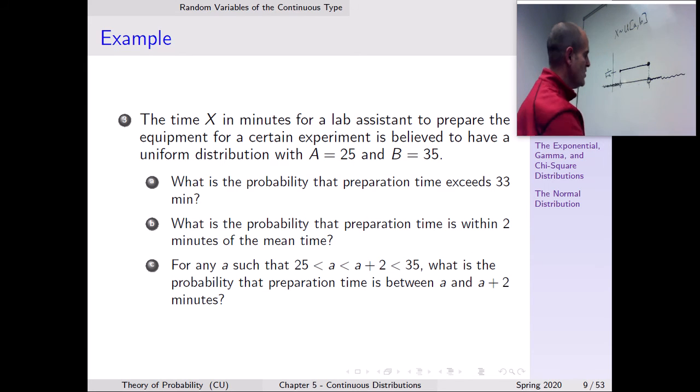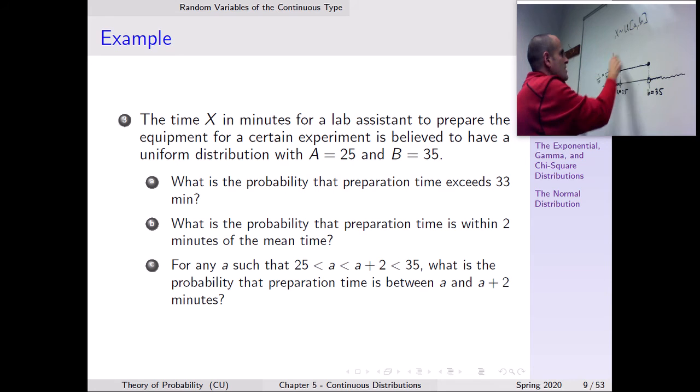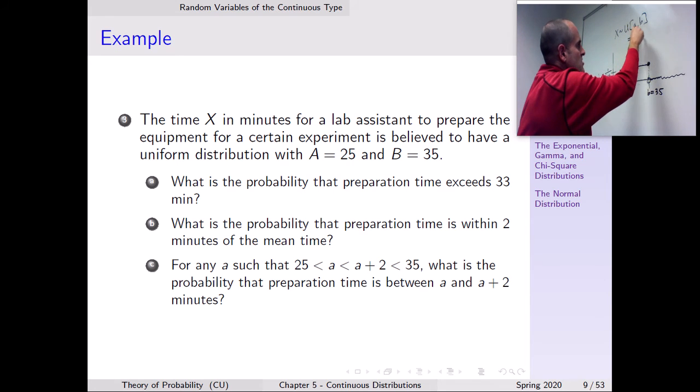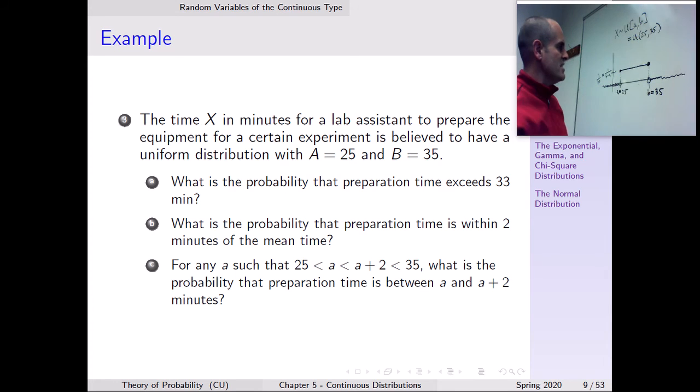And what's our A and what's our B in this case? Well, A is equal to 25, and B is equal to 35. Therefore, 1 over B minus A is just a tenth. In this case, we're a uniform 25 to 35, like this.